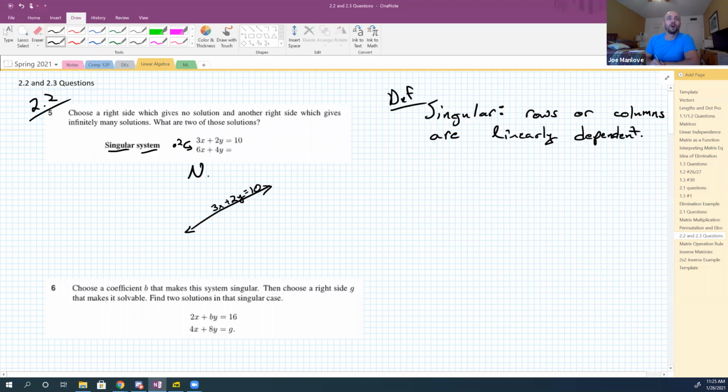If I want to have no solutions, where do I want to put the line 6x plus 4y equals something? Not touching it, so parallel. Yeah, it needs to be parallel. Now, the fact that it's 6x plus 4y is already giving me that it's parallel, but I want it to be parallel and what?